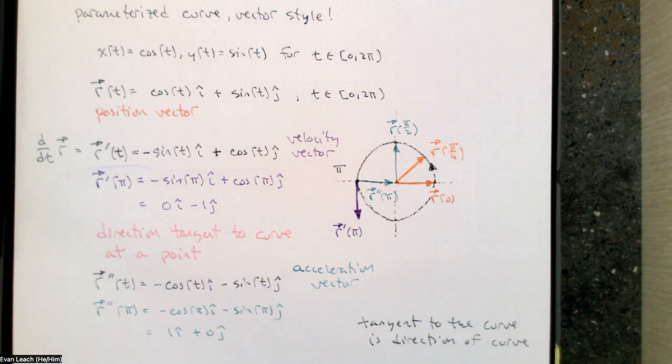So as that flies around, we want to see the position and we want to see the line, the vector tangent to the curve, tangent to the path, as the direction at that instant.